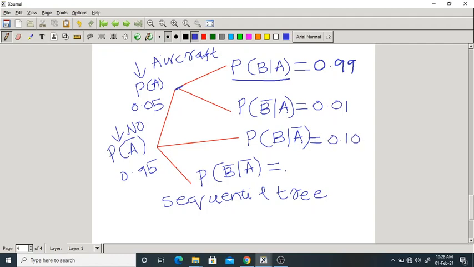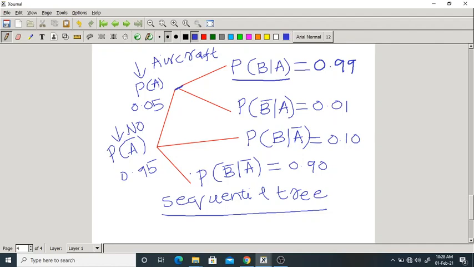Obviously, the complement is 1 minus 0.10, which is 0.90. This sequential tree indicates all possibilities: if there is an aircraft, two possibilities; if there is no aircraft, also two possibilities.